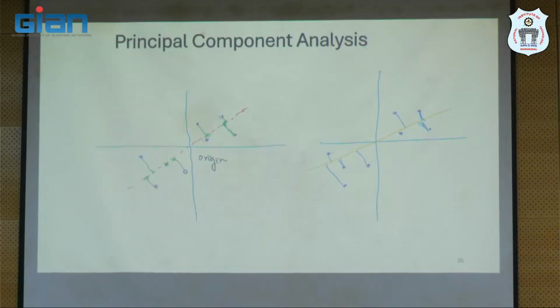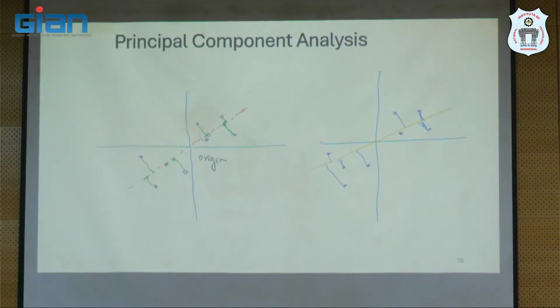So x and y, 2 values are there for each of the purple points. For any d-dimensional feature vector, there will be d number of principal components. So if I have a 2-dimensional feature vector, I should have 2 principal components. Okay, so this is the first principal component that I have drawn. We will see how we can select it. You just believe that this red line or the orange line is the first principal component.